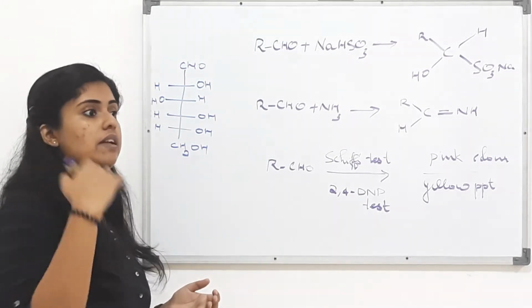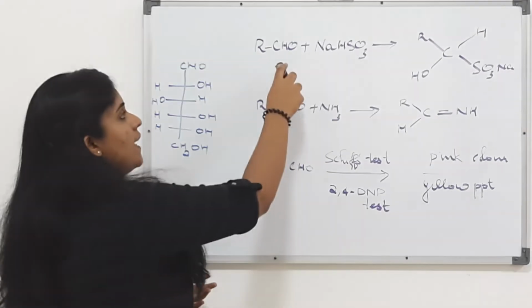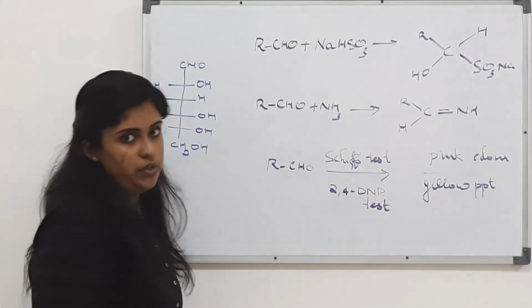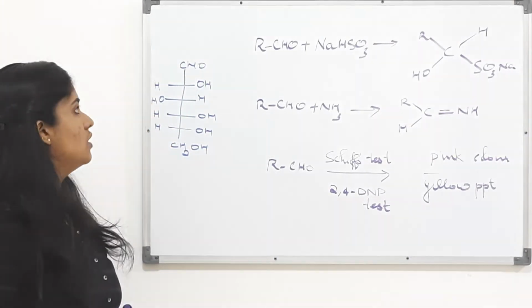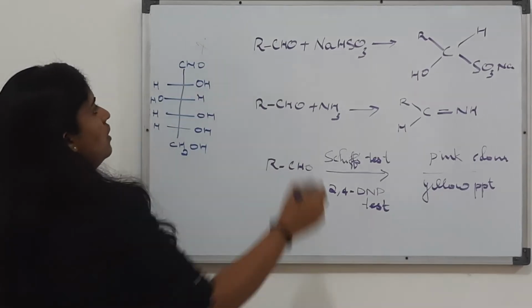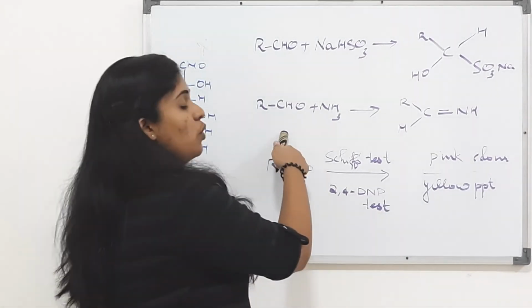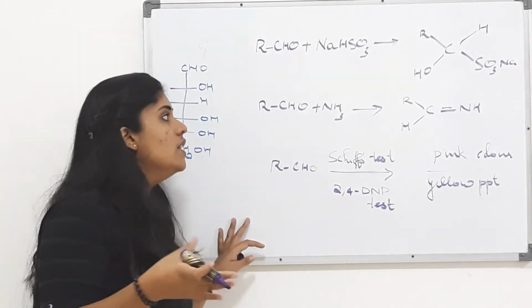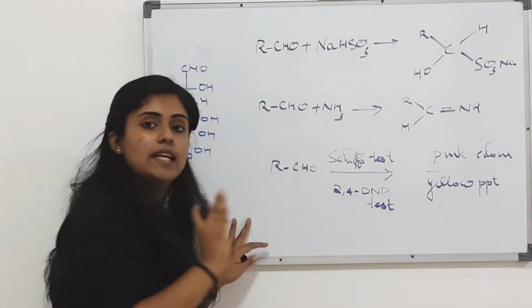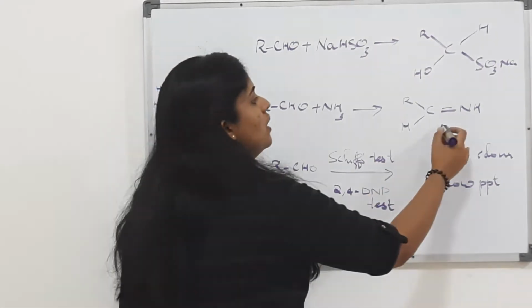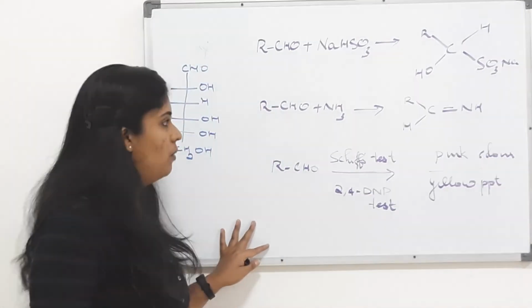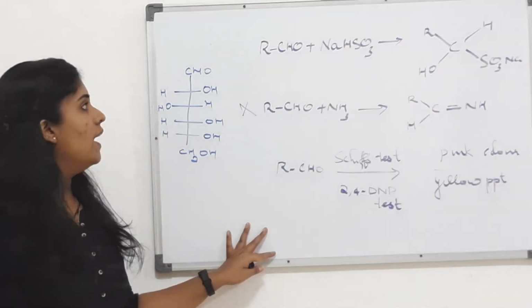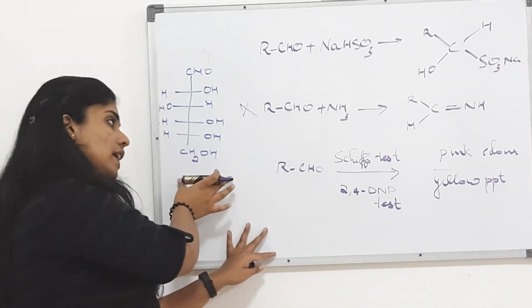But if you look into several reactions that aldehydes show, like aldehydes react with sodium bisulfite to form an addition product, this reaction was not shown by glucose. Similarly, aldehydes generally react with ammonia to form an imine, with a double bond NH being formed, but this reaction also was not shown by glucose.